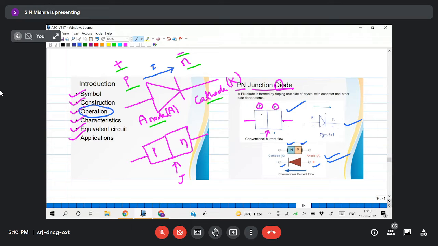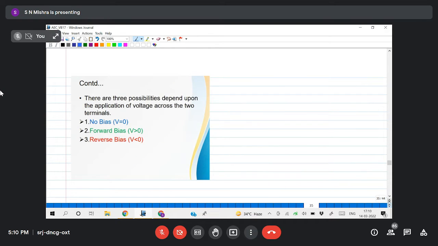This operation actually gives the VI characteristic, or current-voltage relationship. So we'll see one by one the different operations we can perform using a diode. There are three possible operations using this diode when we apply voltage.